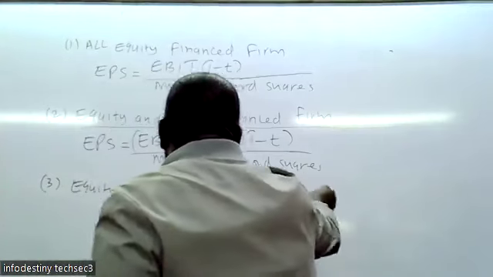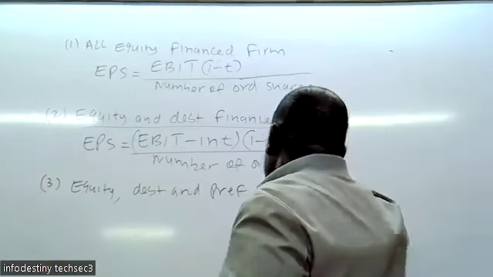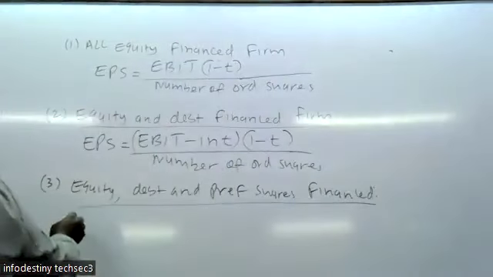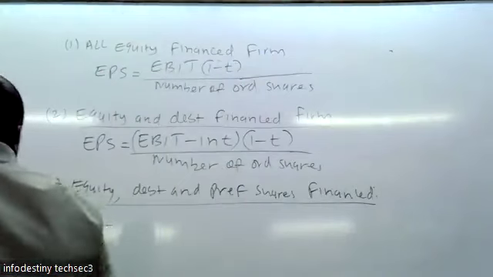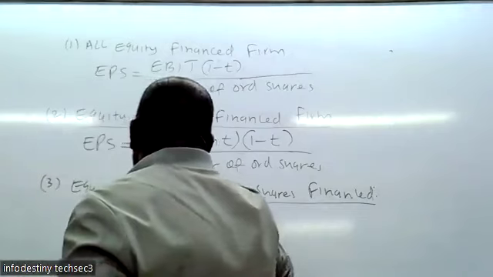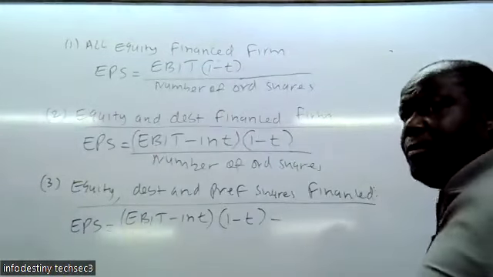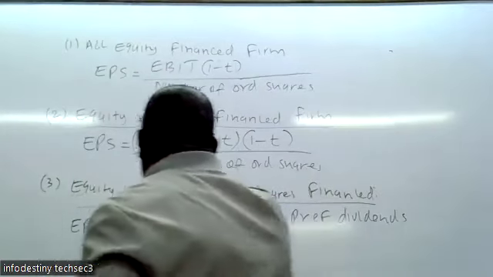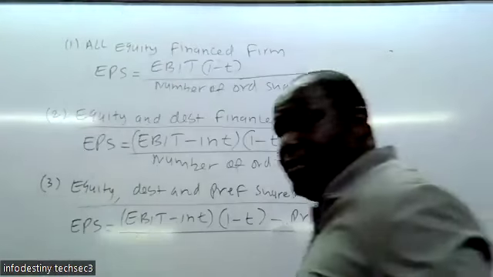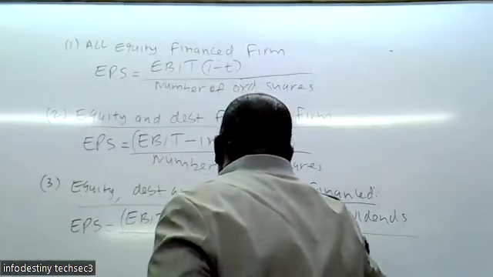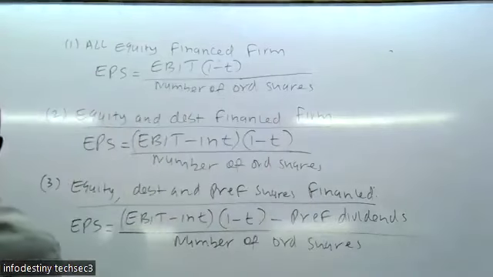If that is the case, your earning per share will be equal to earnings before interest and tax, subtract interest, then 1 minus the corporate tax, but remember also to subtract the preference dividends, then divide by the number of ordinary shares.